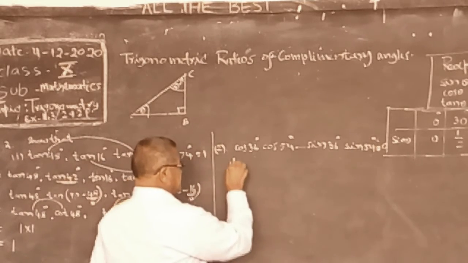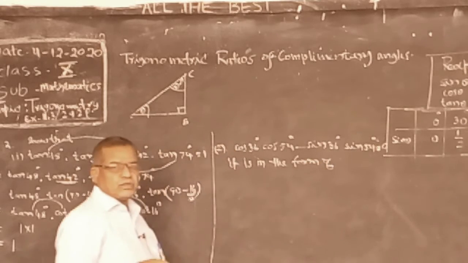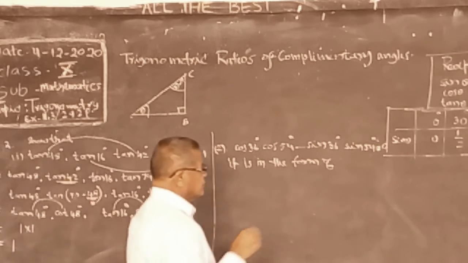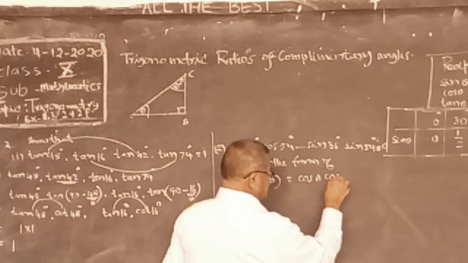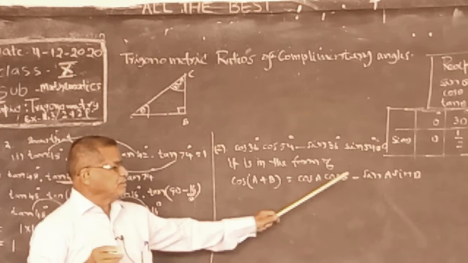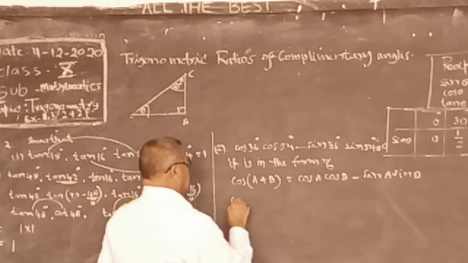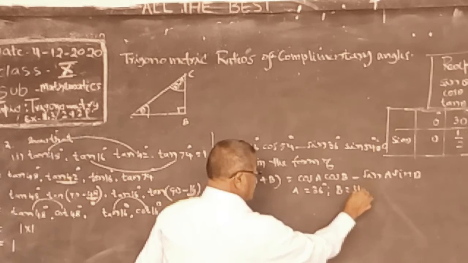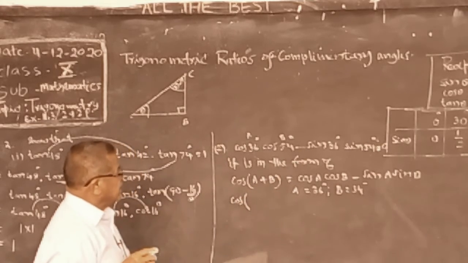See, by observation, cos A cos B minus sin A sin B is cos of A plus B. It is in the form of cos of A plus B. The formula is cos A cos B minus sin A sin B. Here A is 36, B is 54.